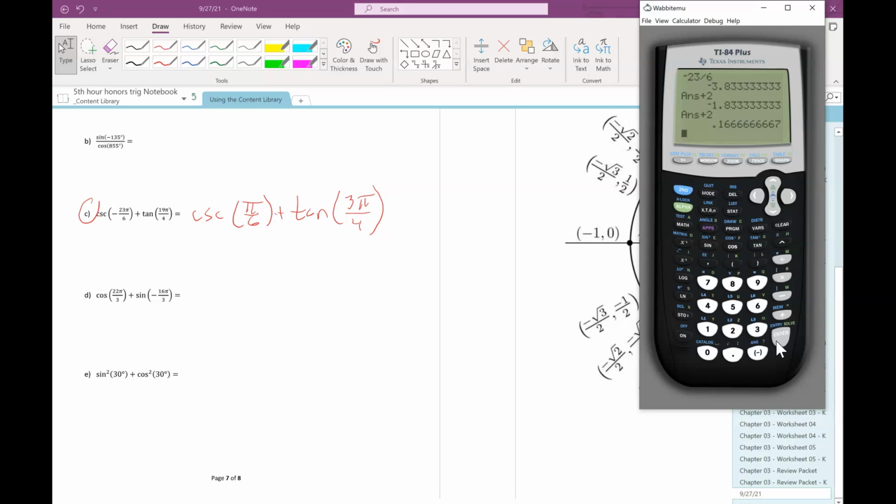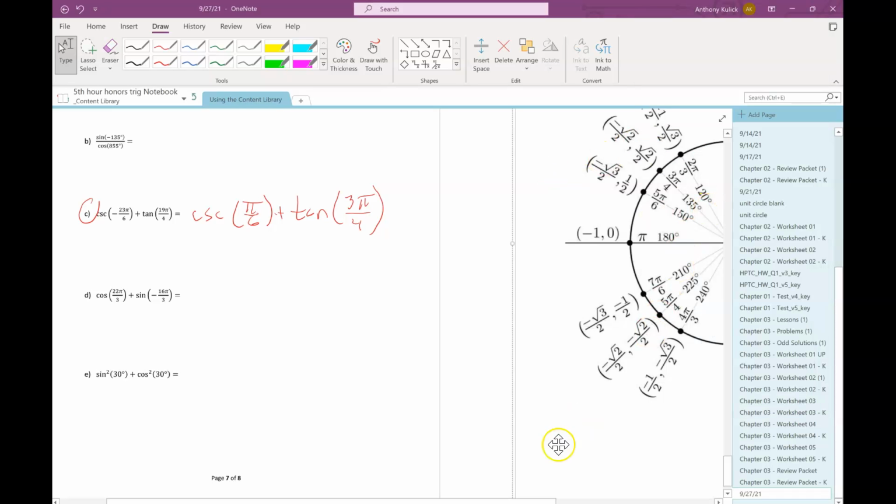Between 0 and 2, right? Because the unit circle goes from 0 to 2 pi. So if we drop the pi's, you want between 0 and 2. If you did negative 11 pi over 6, you'd have to go around the unit circle.